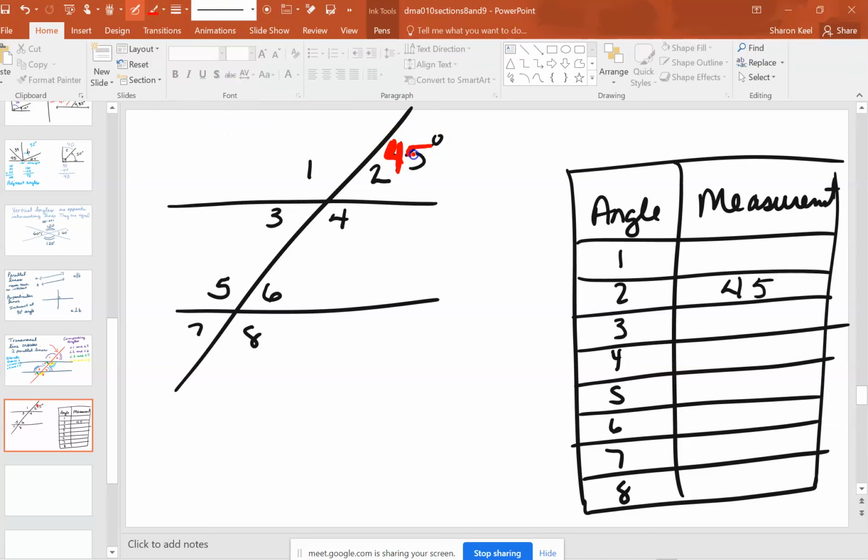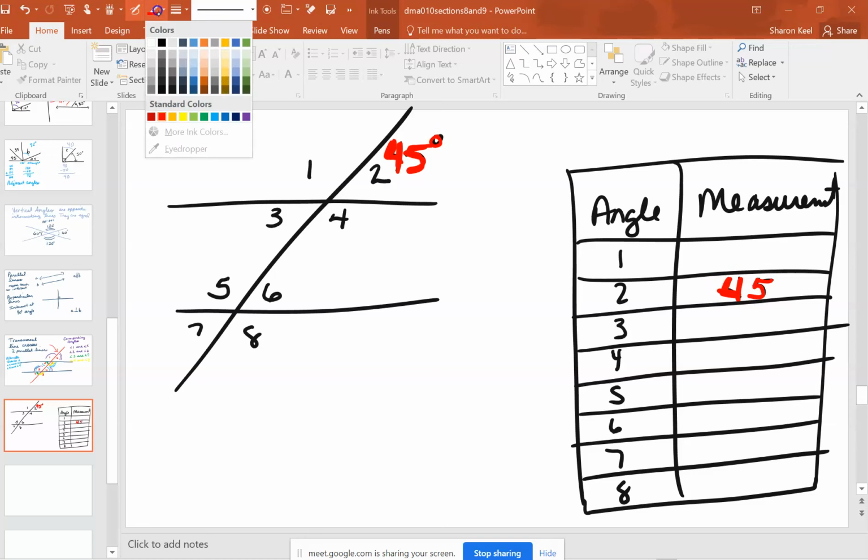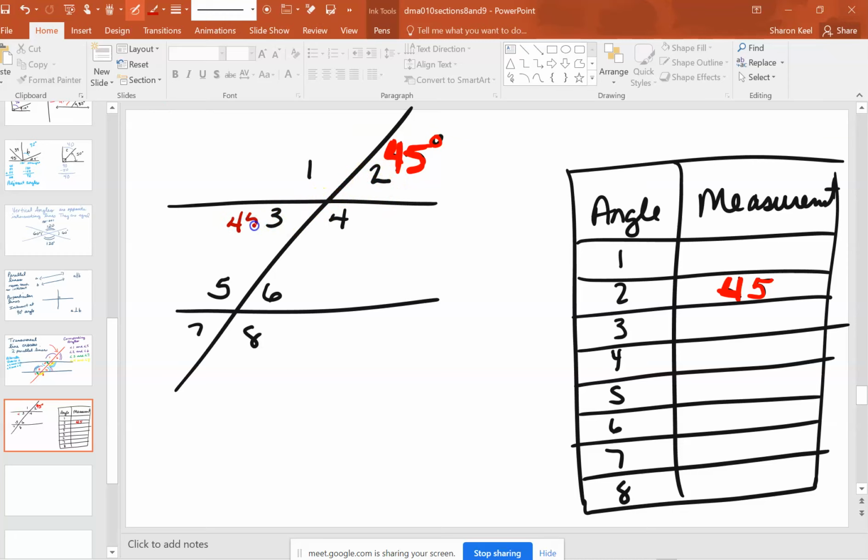I'll put that in red. That's the one they give us. So if I know angle 2 is 45, I can identify which other angles are 45 degrees. 2 and 3 are vertical from each other. Vertical angles are the same measurement. So if 2 is 45, 3 is also 45.